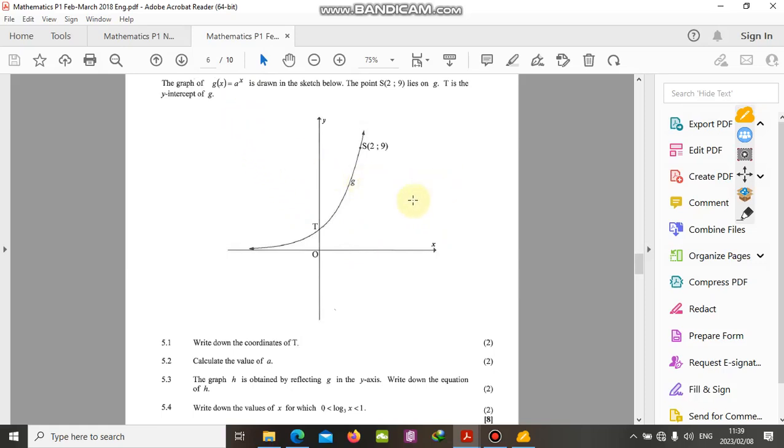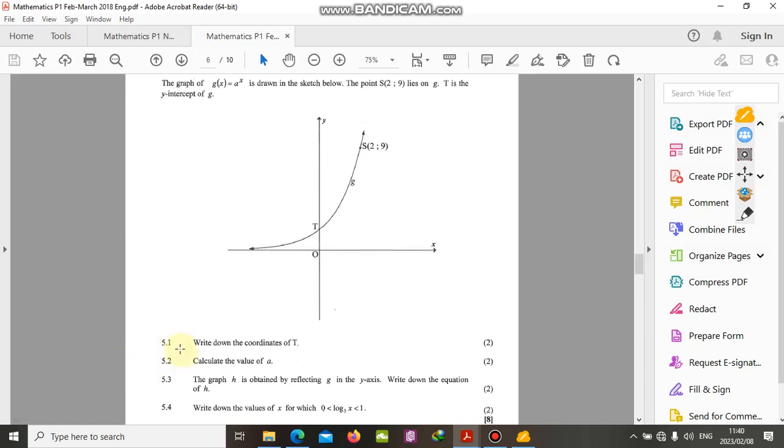This has to be the right. Alright, and S is there. T, the y-intercept, where x is 0, is a value of y. I think most of us already know what that y value is from the previous recordings that we sent.